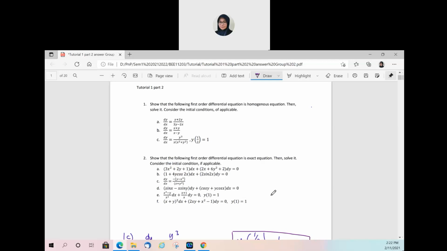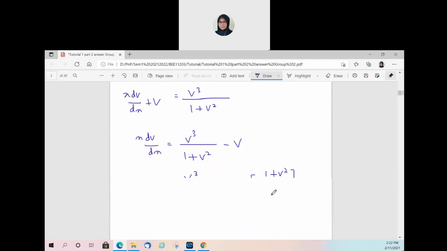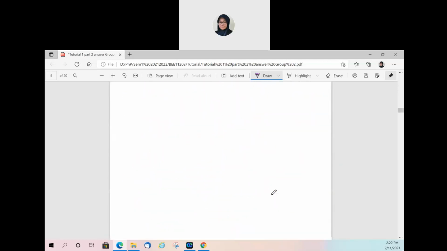So C is dy over dx equals to minus y minus x cubed divided by x plus y cubed.